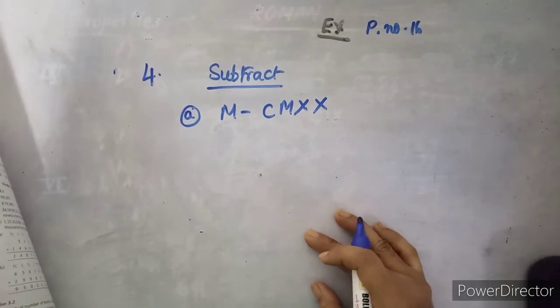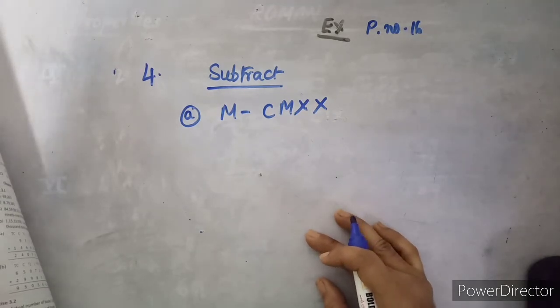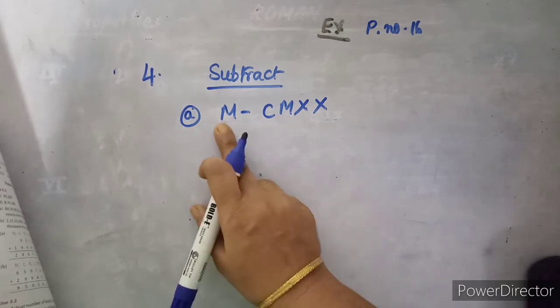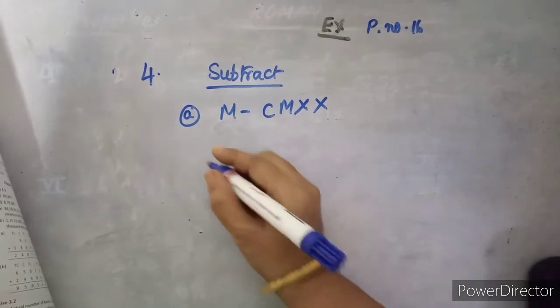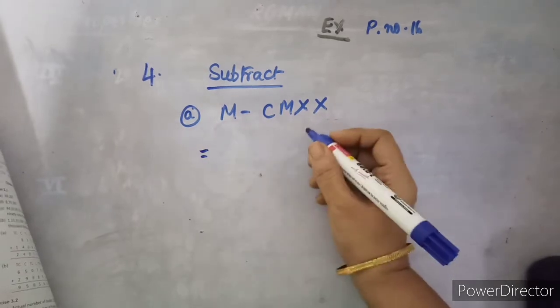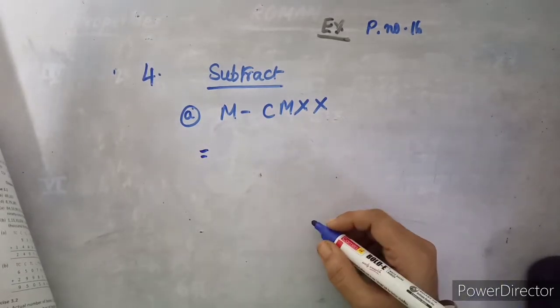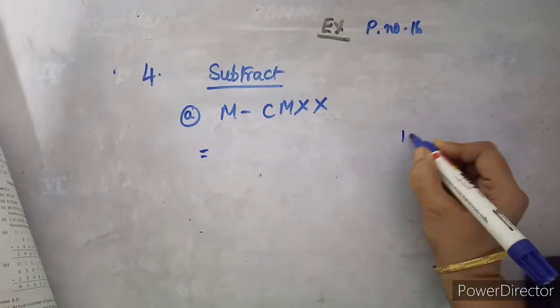Now we will go for the fourth question, that is subtraction of the Roman numeral. Your first question is given to you: M minus CM XX. What do you mean by M? M means 1000.